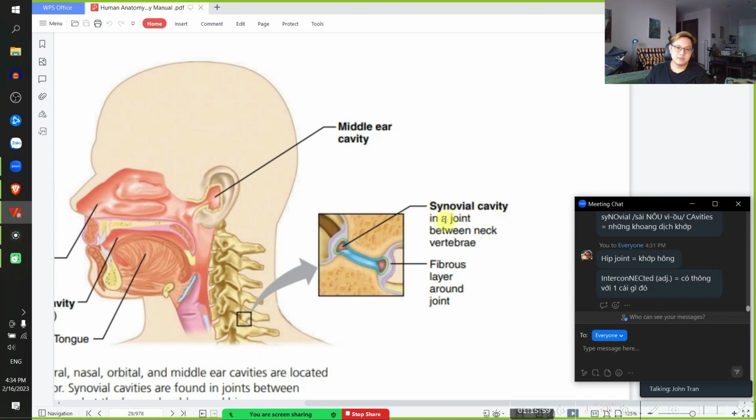Around the joint there is a fibrous layer.